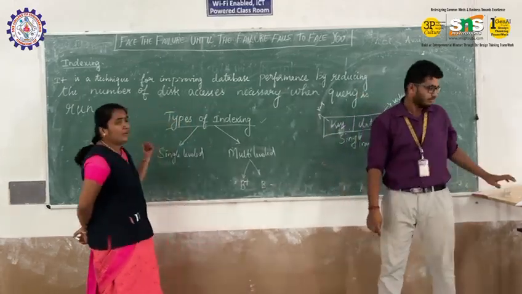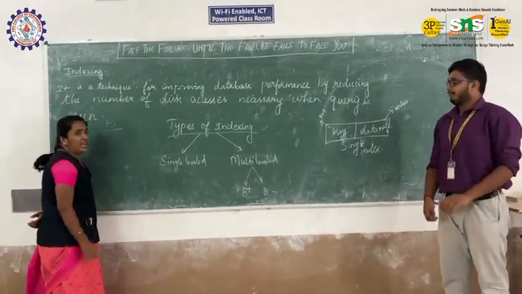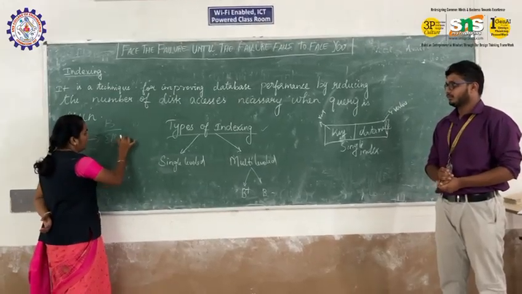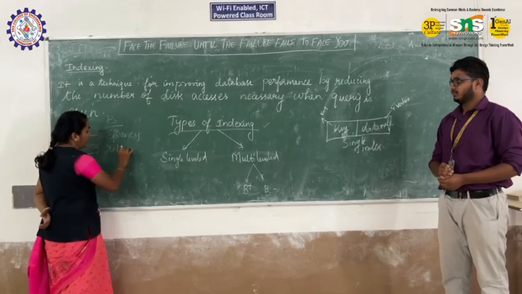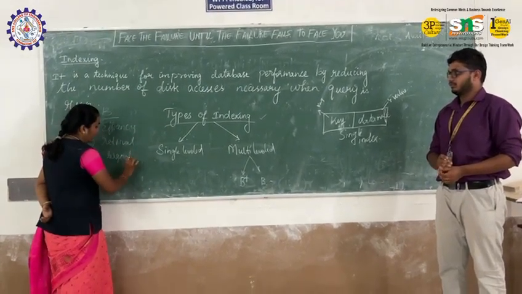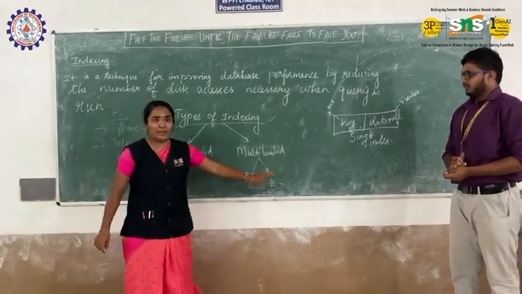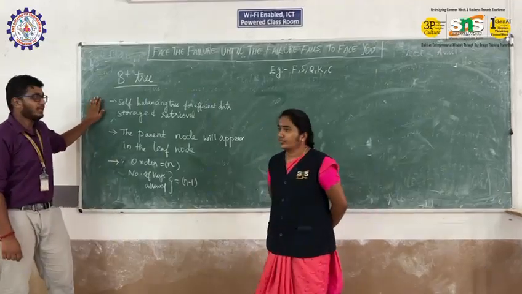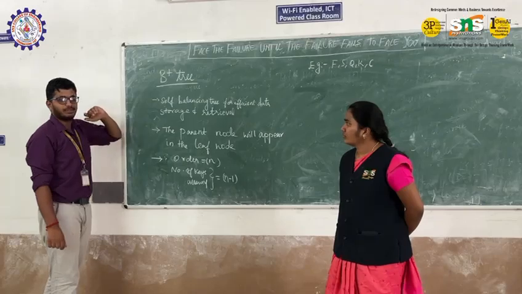What is the main purpose of the B-tree? First one is efficiency. Second one is retrieval for larger amounts of data. These two are the main reasons for B-tree and B+ tree indexing. B+ tree is a data structure concept, as we learned already.